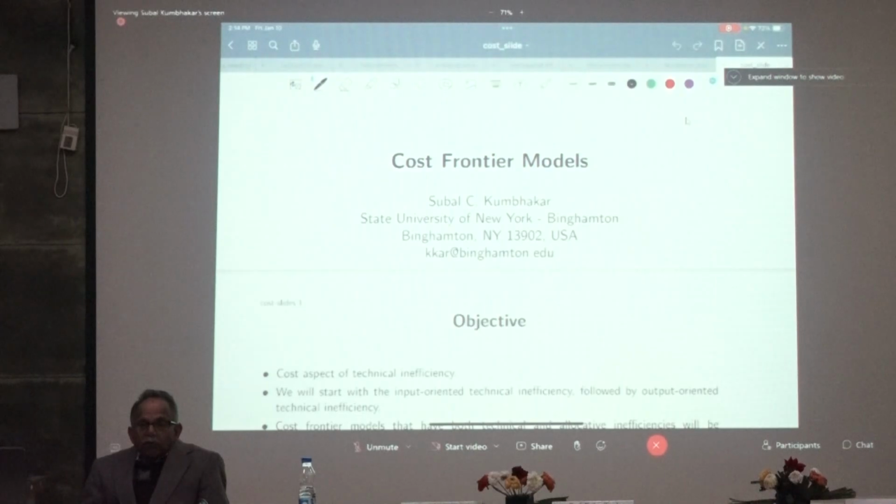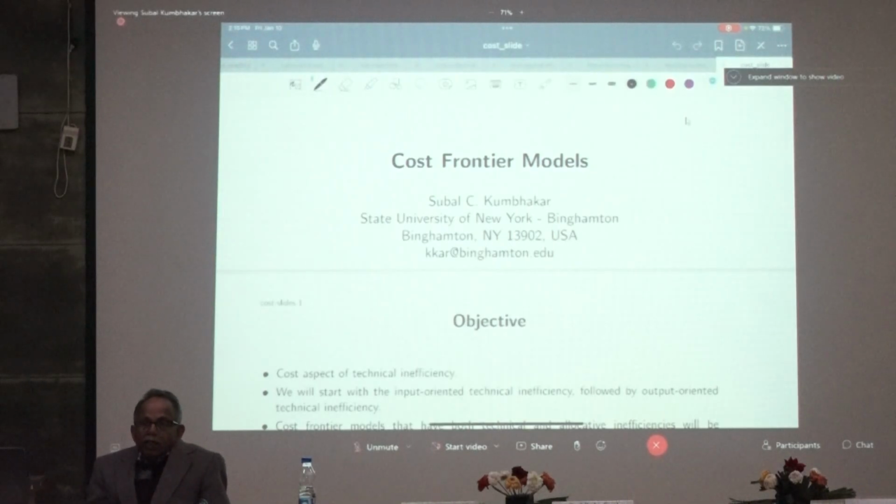So the input oriented model, remember the main objective, I mean if you remember the graph, we are going westward. And we are thinking in terms of using less resources if possible. When we go to the frontier, we are thinking in terms of reducing the use of X. Okay? And X can be any of the inputs.